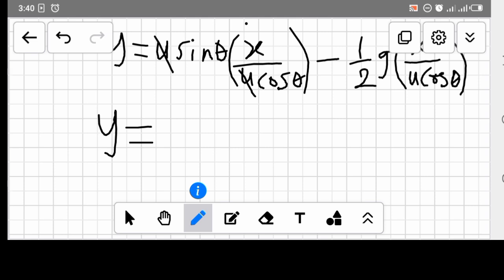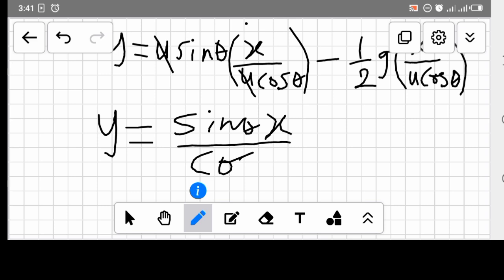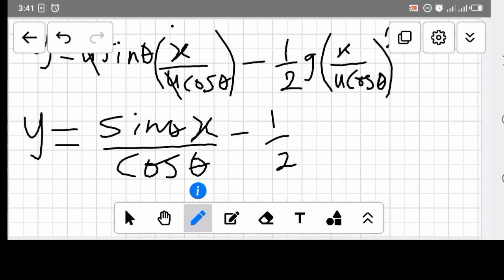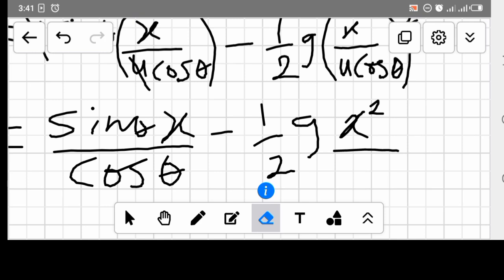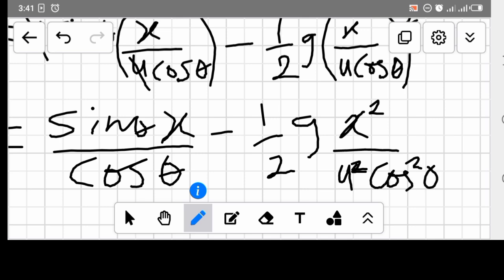Then if you have sine theta times x, you'll be having sine theta times x over cos theta, minus, so this will be 1 over 2 times gravity times x squared over u squared cos squared theta.